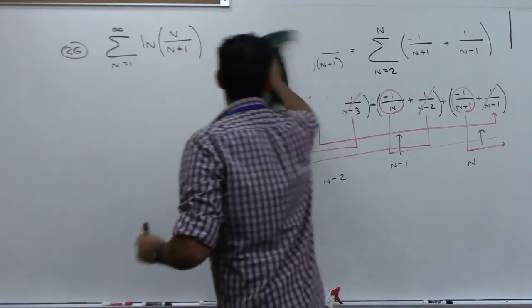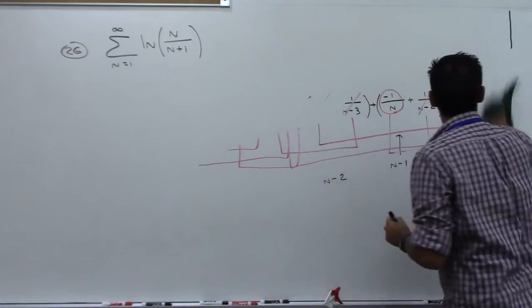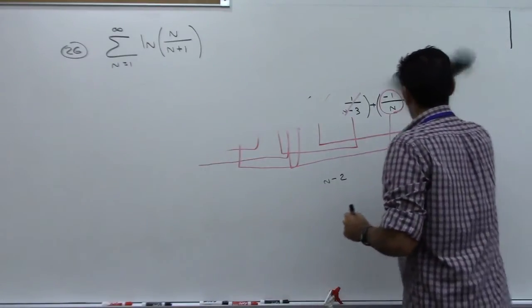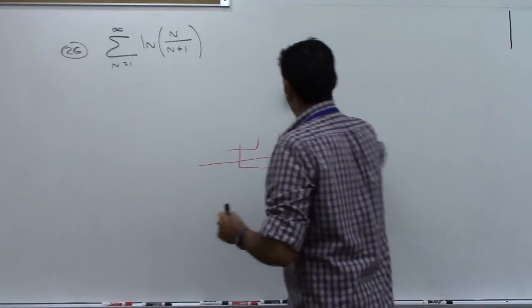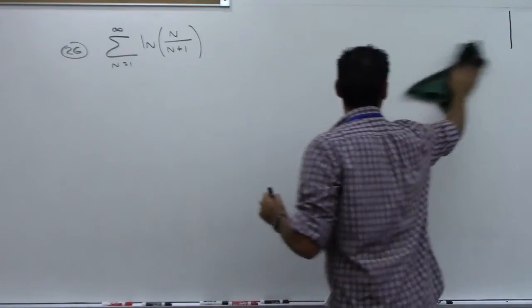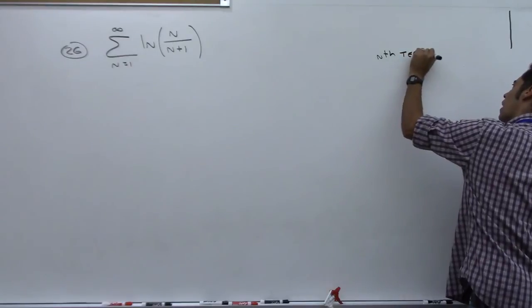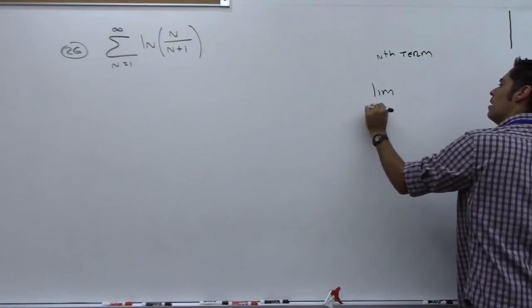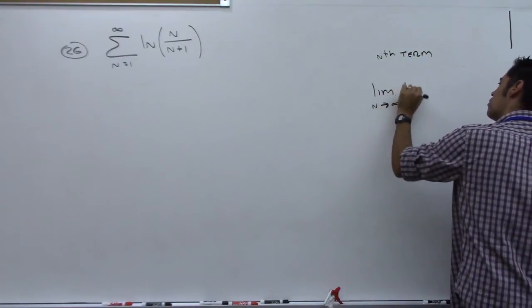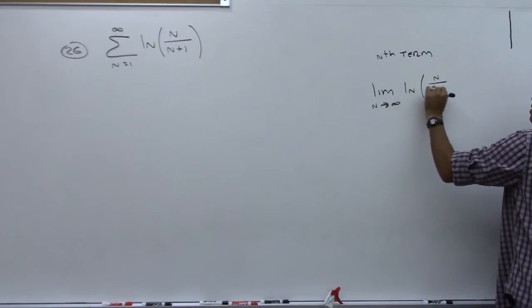Now they tell you again that this is a collapsing series, but let's act like we didn't know that. So I would probably start this with the nth term test. I would take the limit as n goes to infinity of natural log of n over n plus 1.